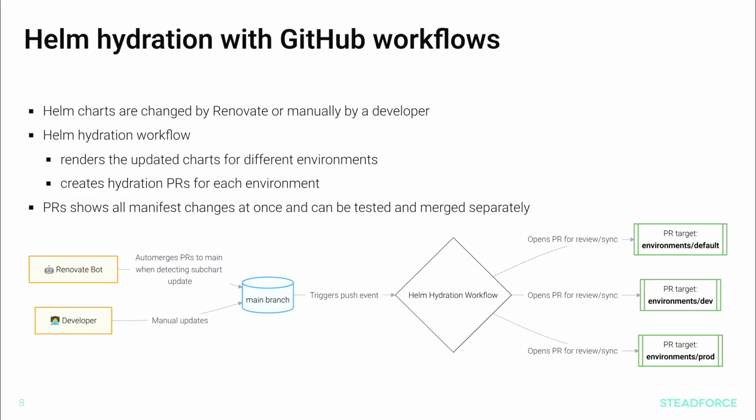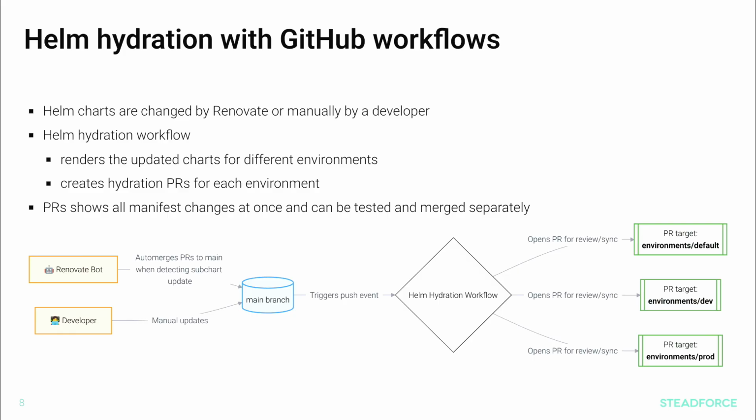And these pull requests then show all of the changes which were done with this update for all of the manifests inside, for all of the environments. And you can separately test them, merge them, and roll them out to your environments without having the problem with unseen changes on different environments.